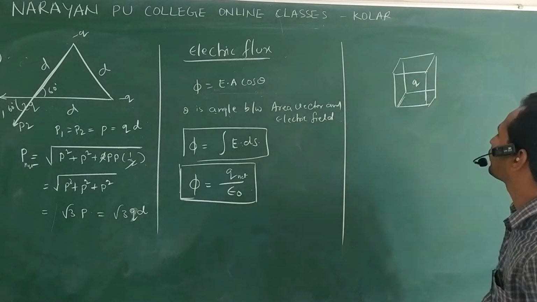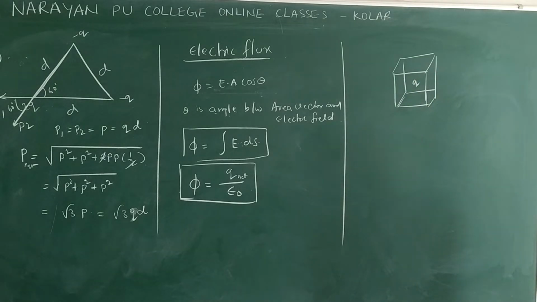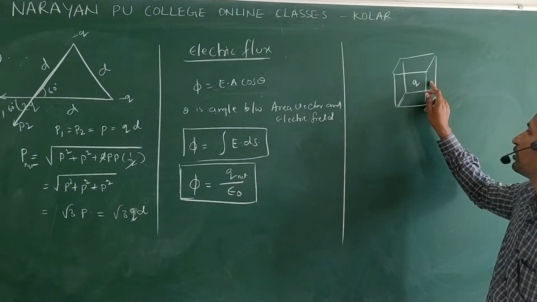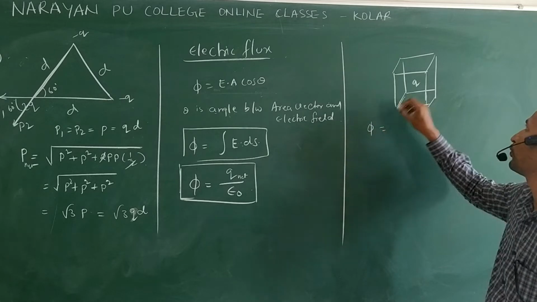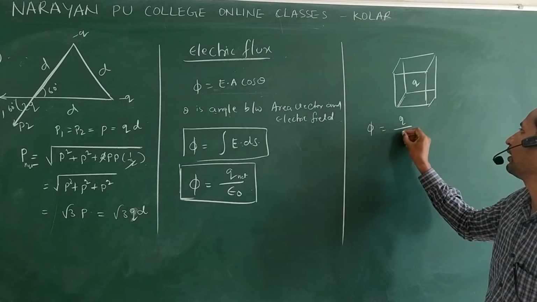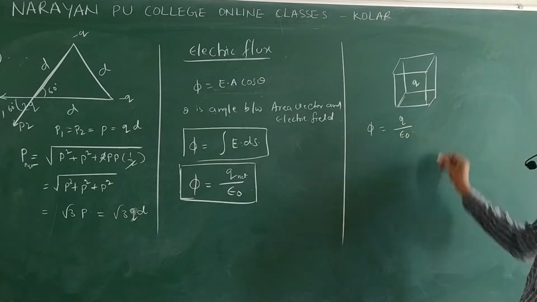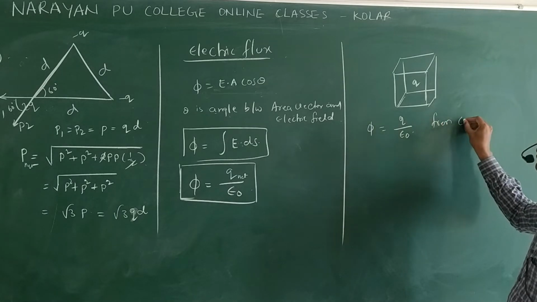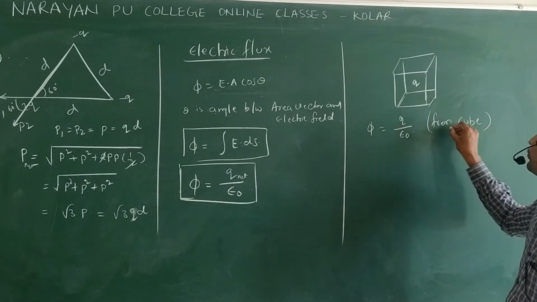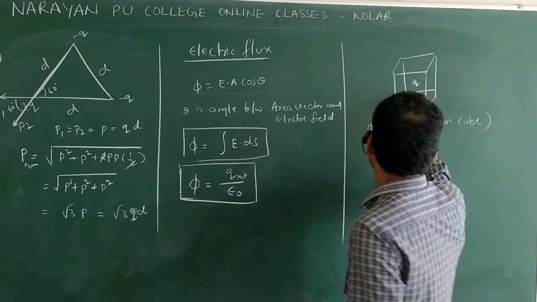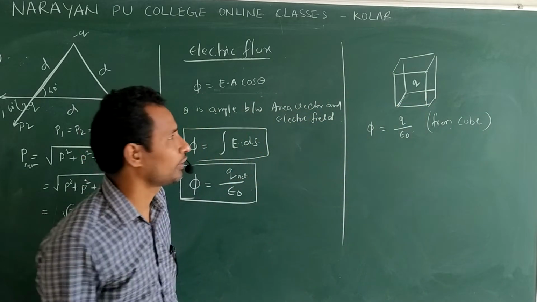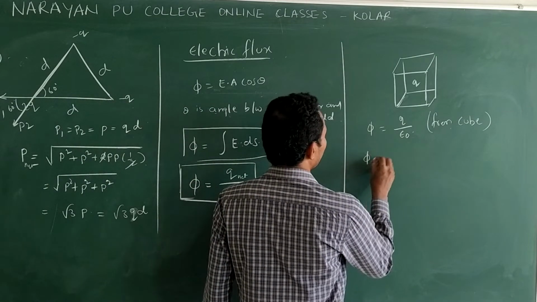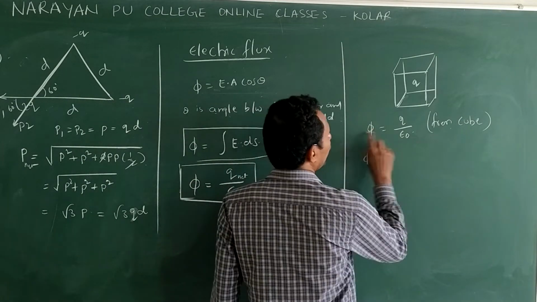We have a question like this: what is the flux coming out from this Q? According to Gauss law, the flux coming out through the whole surface is Q by epsilon naught. This is throughout the cube.